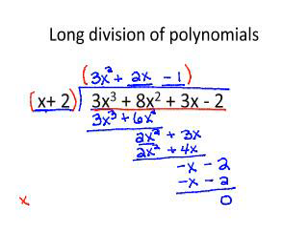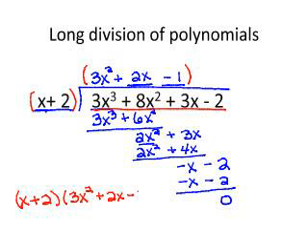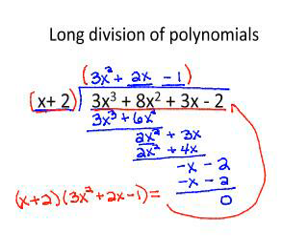So if I would multiply x plus 2 times the quotient, which is what you get when you divide, so our quotient is 3x squared plus 2x minus 1, if I multiply these two together, it would equal our dividend here. Okay, so we've got a remainder of 0, so they are factors of each other. So that's long division. That's one way to do it.